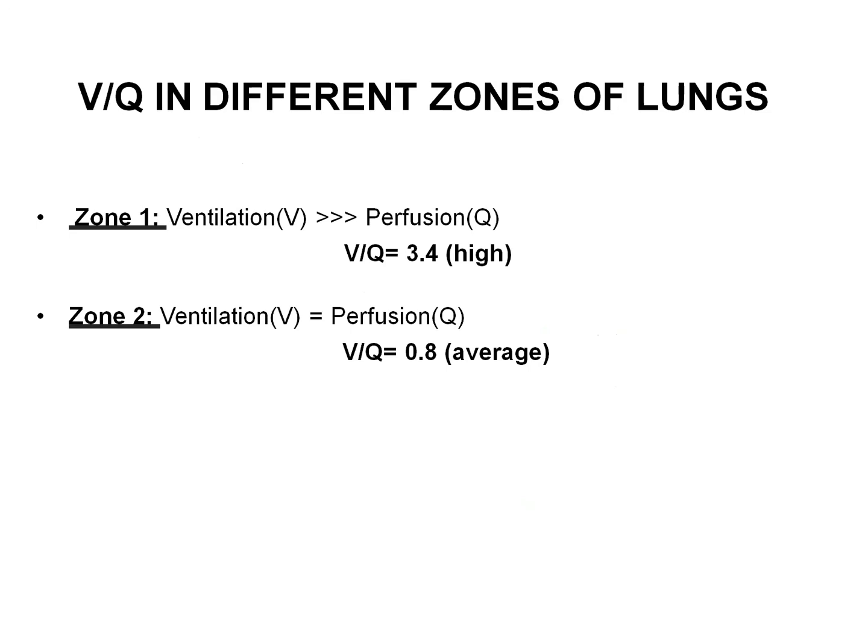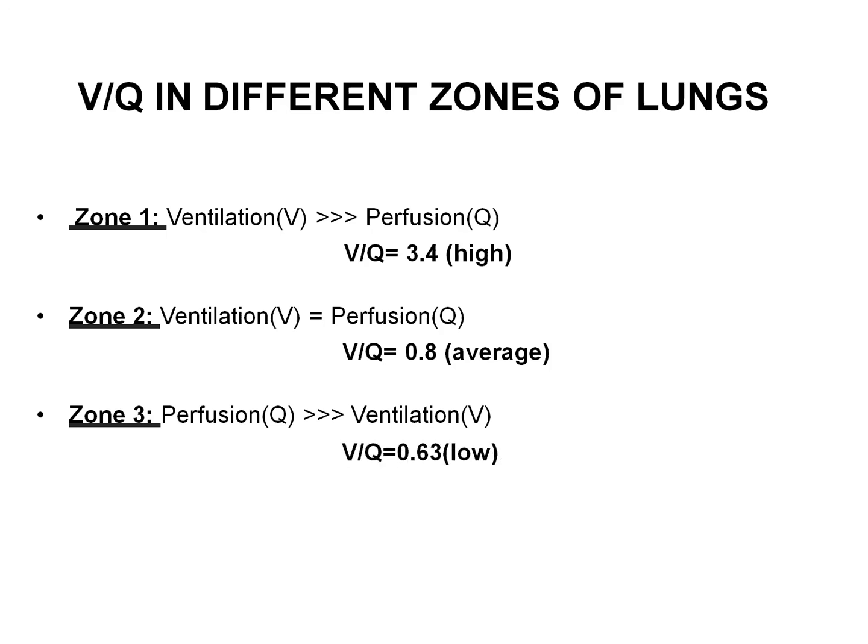So the VQ ratio is 3.4, which is high. In zone 2, ventilation and perfusion are almost equal, so the VQ ratio is average, around 0.8. Whereas in zone 3, the basal part of the lungs, the perfusion is somewhat more than the ventilation, as we have seen in the previous slide. So the VQ ratio is on the lower side, around 0.63.